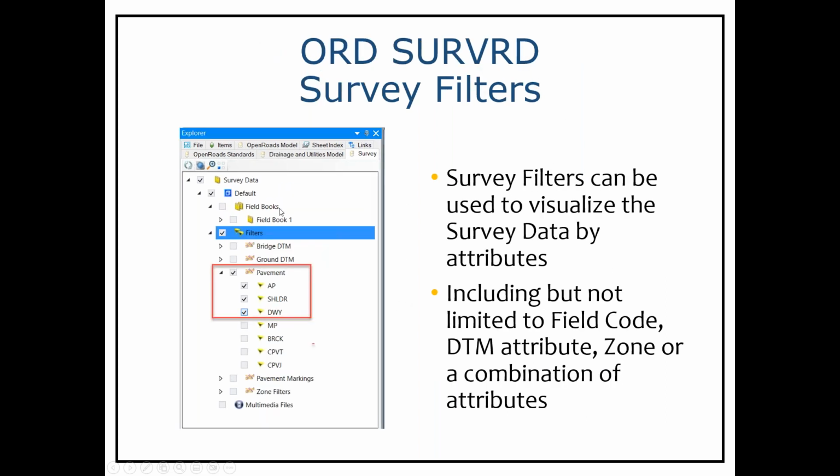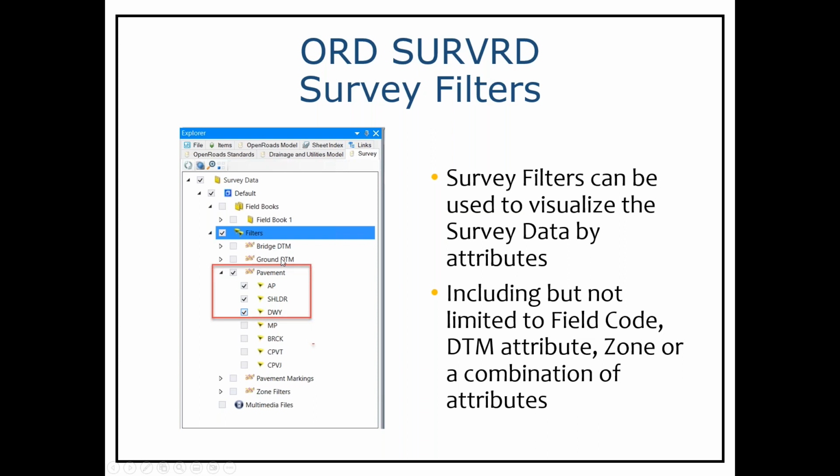As you move down the survey data, you'll see there are filters. Okay, ORD survey filters can be used to visualize the survey data by attributes, including but not limited to field code, DTM attribute, zone, or a combination of attributes. If you look right here above the pavement, there's ground.